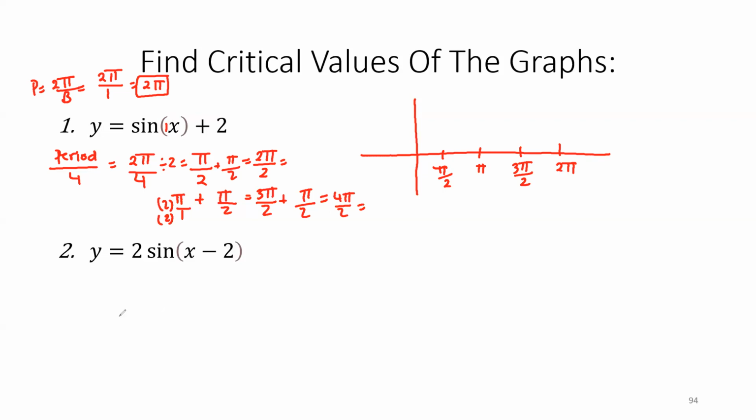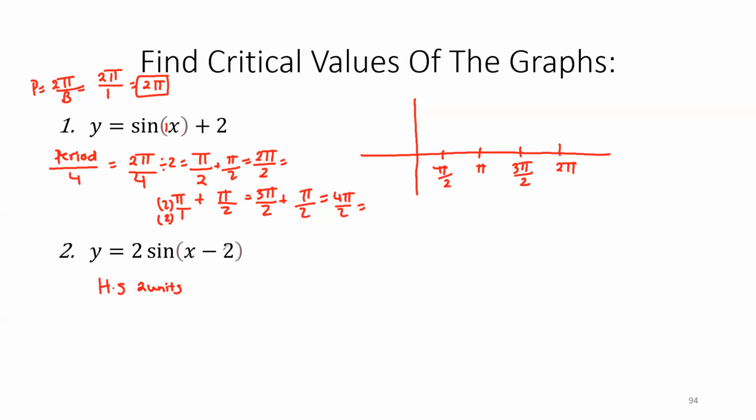Okay, so let's do example 2. We have y equals 2 sin of x minus 2. This one has what's called a horizontal shift, because of bx minus c. So what's your horizontal shift? Some people can see that it's just 2 units to the right.